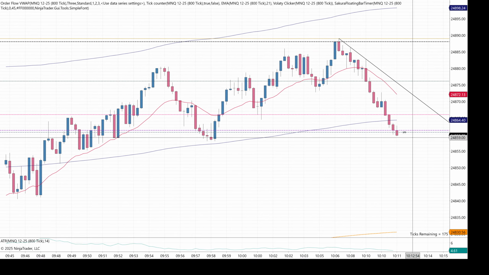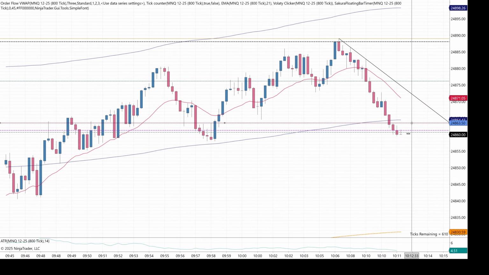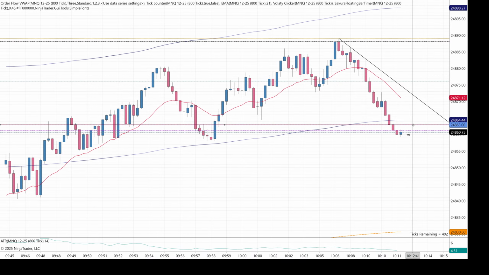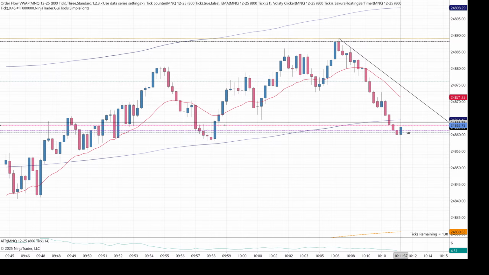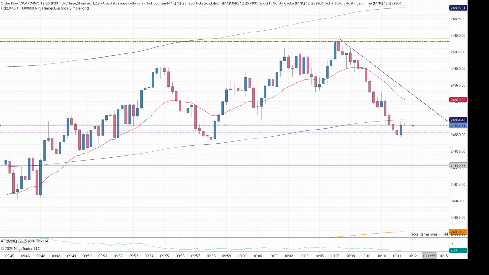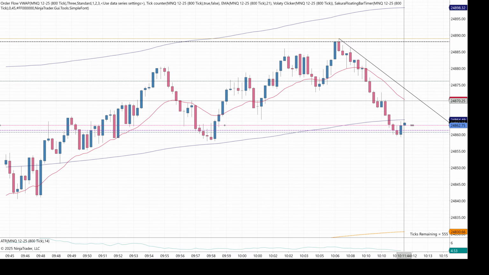We are back at the gap fill area from Friday's close. It'd be really interesting to see if we can get a bullish signal higher here. If we can close above this standard deviation level, potentially we can go back, but we might have the EMA in the way.